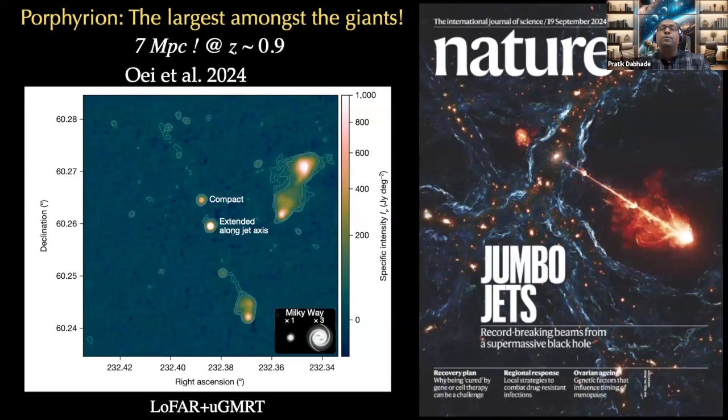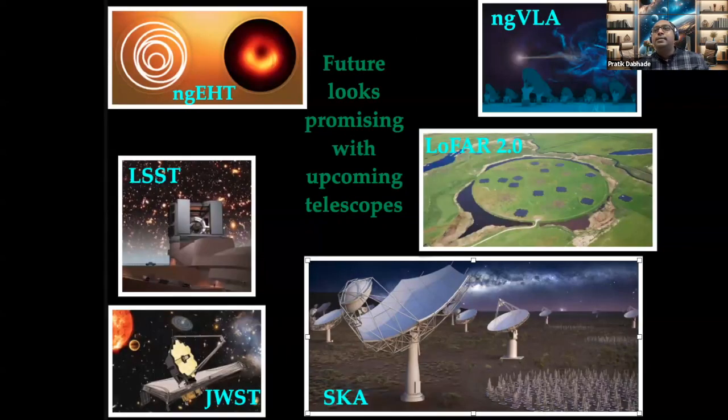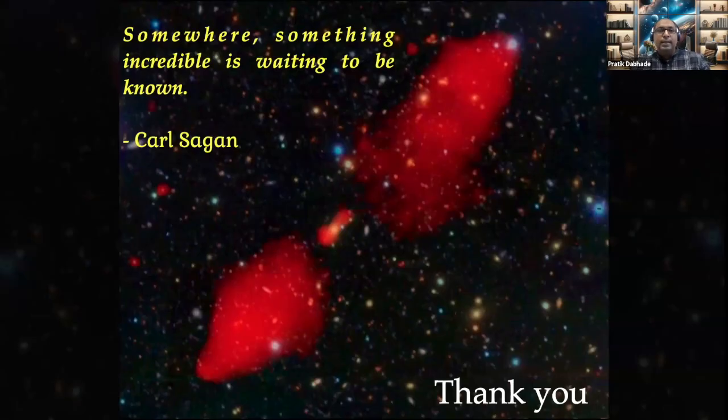So it becomes a probe of those large scale structures. You can imagine the scope of it with next generation telescopes. So the future looks very promising using them as probes, and of course to understand their true nature as well. So with that, I'll end and take your questions. Thank you for listening.